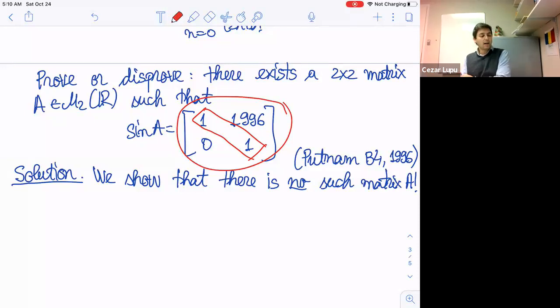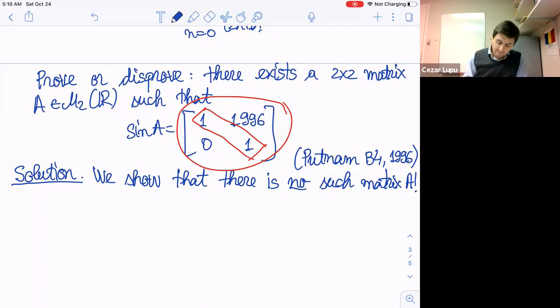And now, let me show you a magic trick. Let us consider the following power series of the cosine.